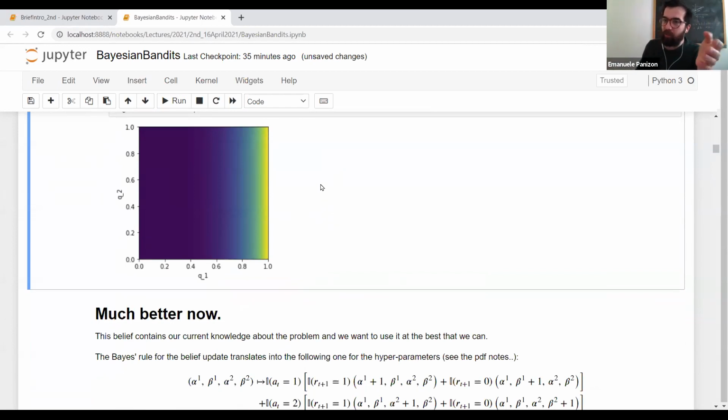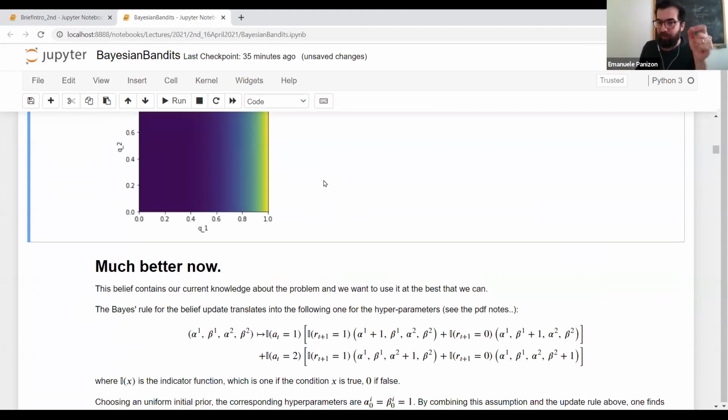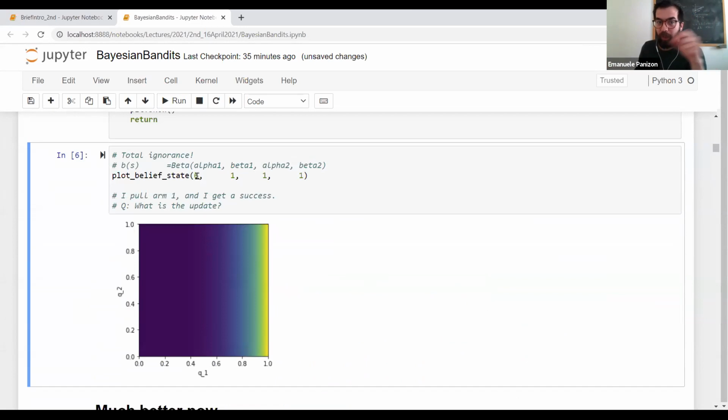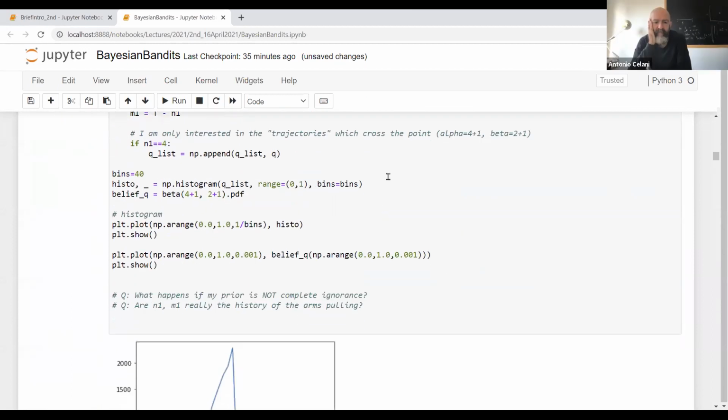And then I do the same thing. Now, these pseudo counts, M1, N1, will lead. So if you have a beta which is 20, 15, 15, 12, then clearly the number of successes and fails need to be related to these numbers. I think this is what Antonio was suggesting.